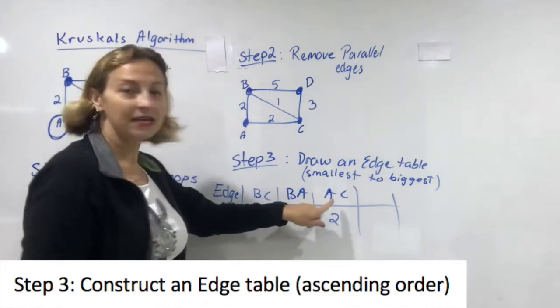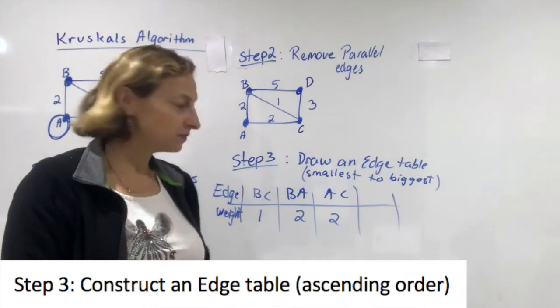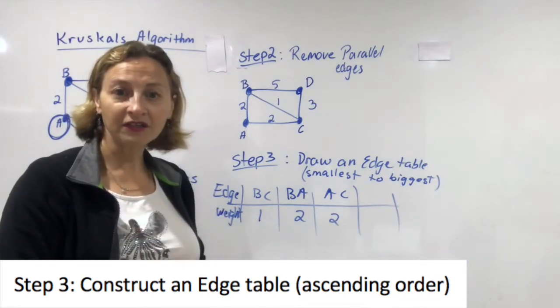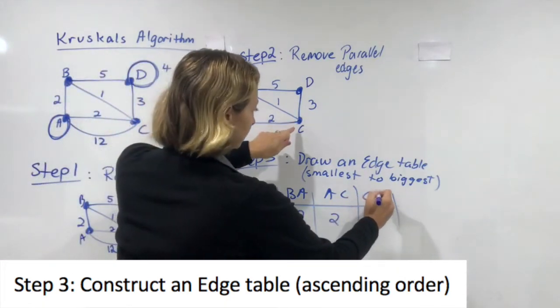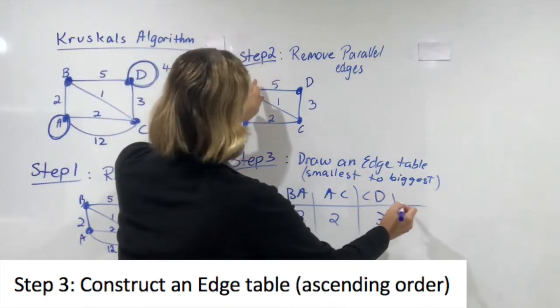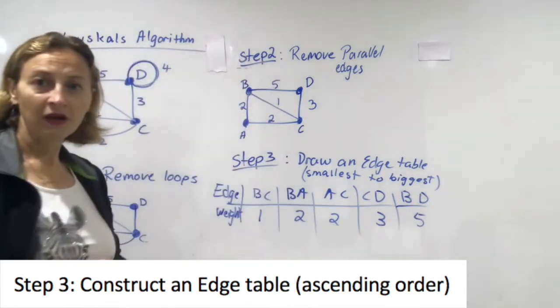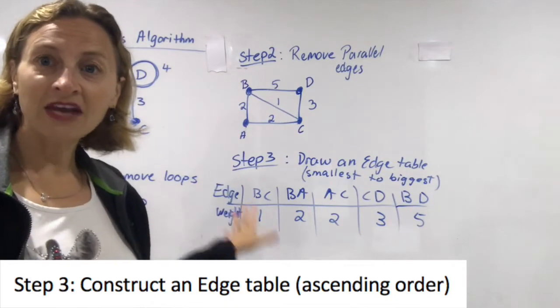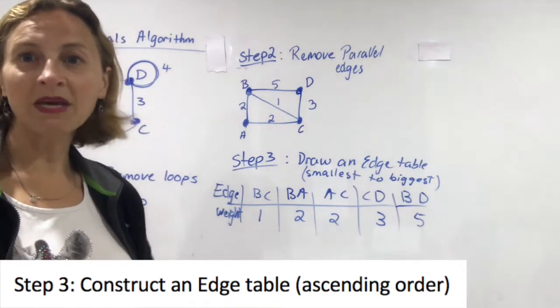If you write AC and BA, that's fine. It does not matter which one comes first as long as they both have the same weighting. Then 3 comes next, CD is 3, and lucky last, BD is 5. There is my edge table in ascending order from smallest to biggest.